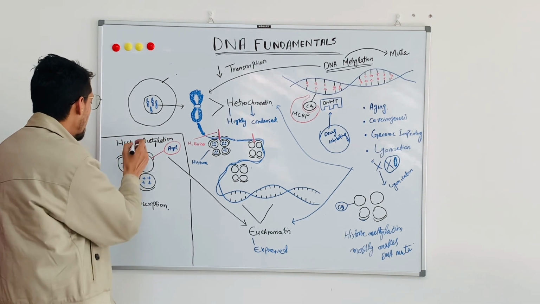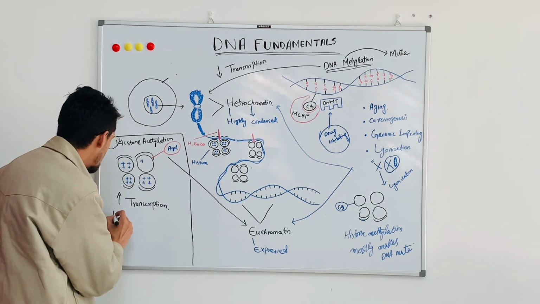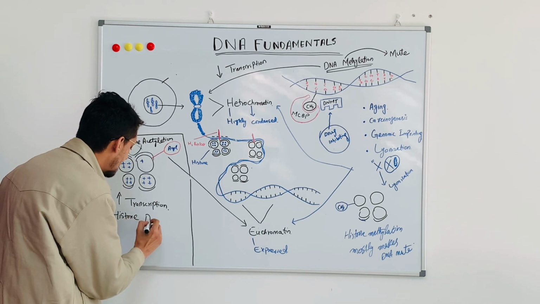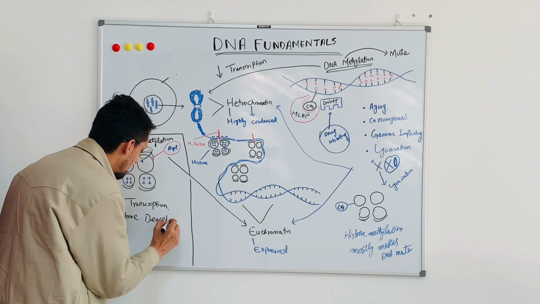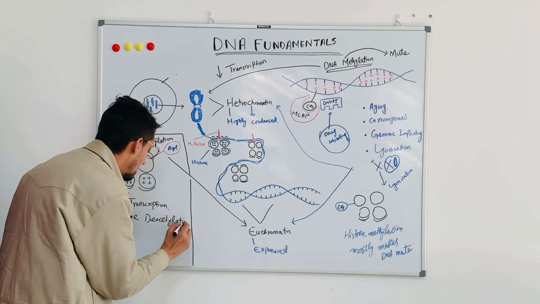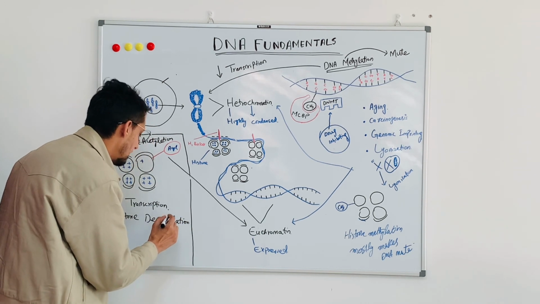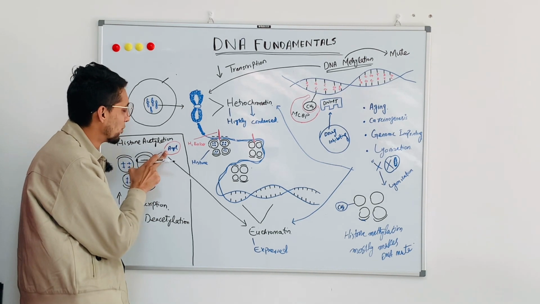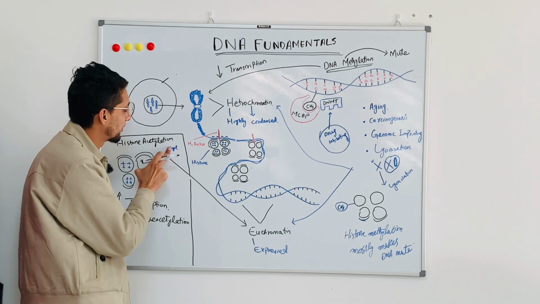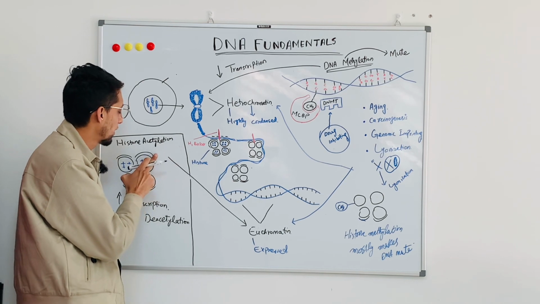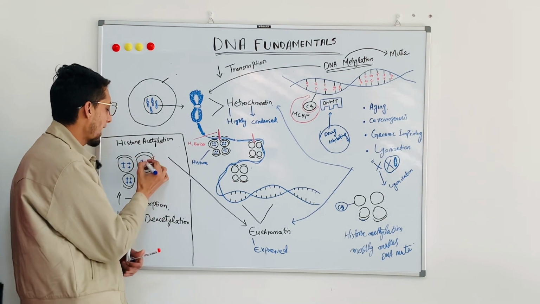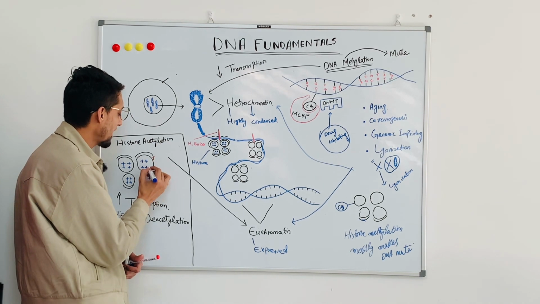There is another important function, that is histone deacetylation. It is simply the inverse of histone acetylation, meaning removal of the acetyl group, right? Removal of the acetyl group will again give back its positivity and it will attract.